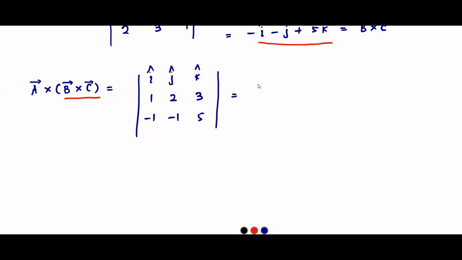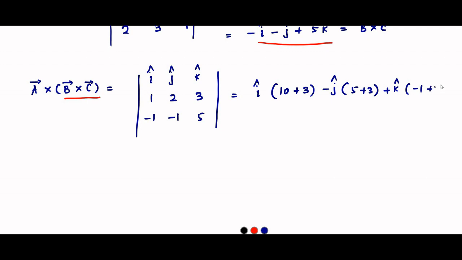So that is equal to i cap into 2 into 5, 10 minus 3, which is 10 plus 3, and minus j cap into 1 into 5, 5 minus minus 3, so 5 plus 3, then plus k cap into 1 into minus 1 minus 2, so it is minus 1 plus 2.